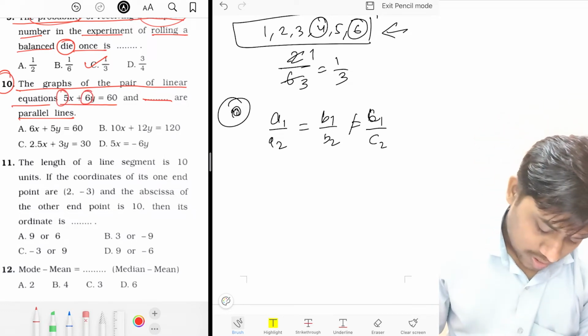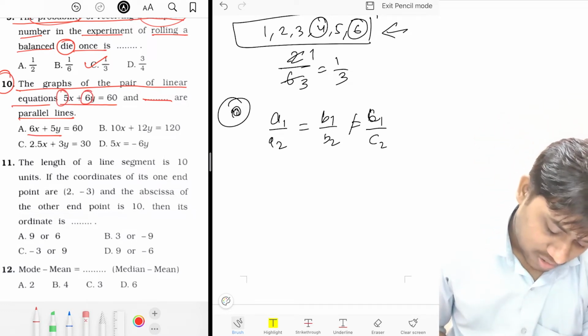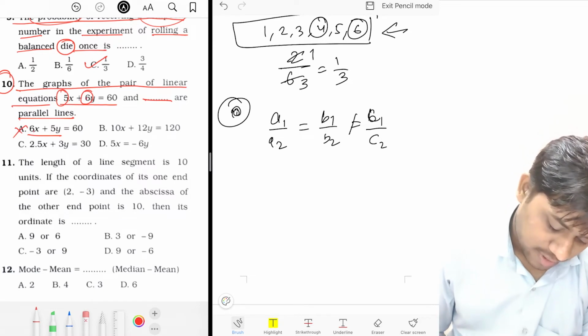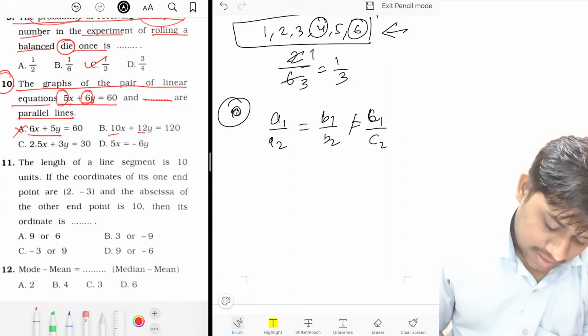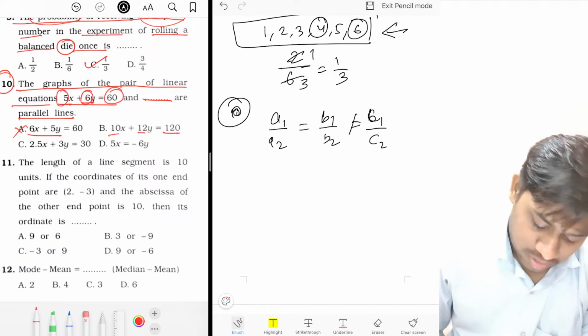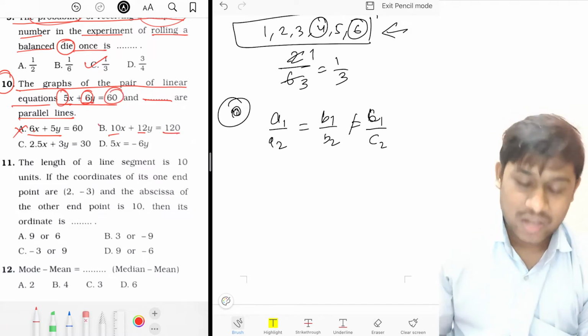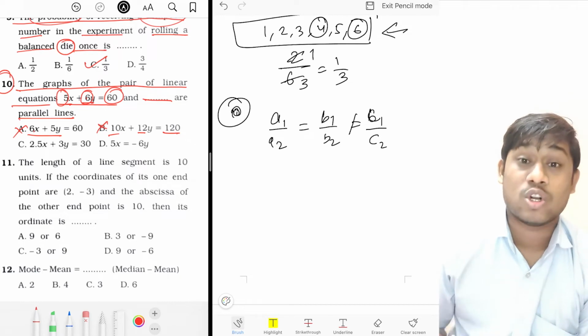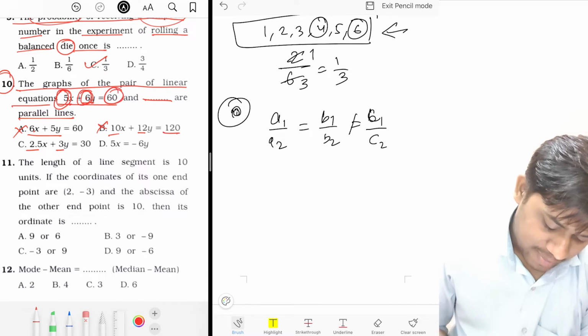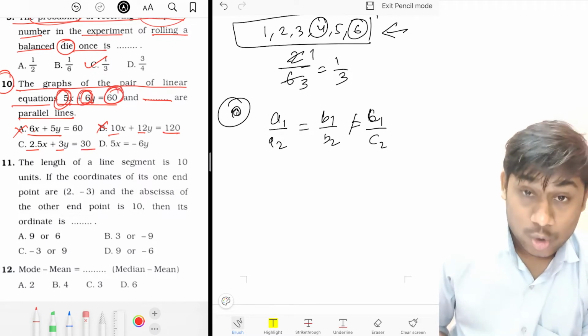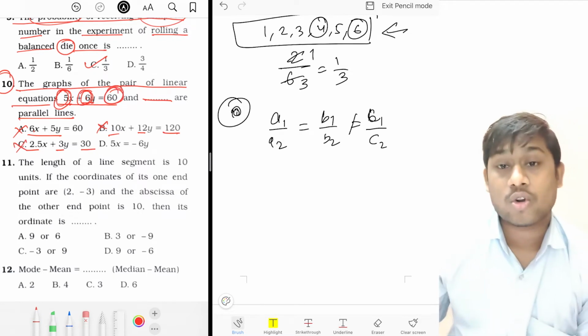Got it? So 5, 6. It is not going to become, because 5 by 6 and 6 by 5. No. 5 2s are 10, 6 2s are 12 and 60 2s are 120. It is absolutely the same. You cannot take this one also because it is going to become coincident. Now 5 divided by 2 is 2.5, 6 divided by 2 is 3, 60 divided by 2 is 30. So it is also not going to become.